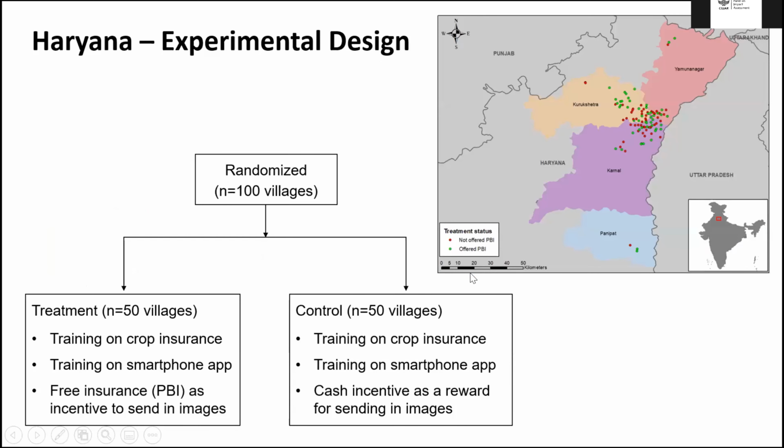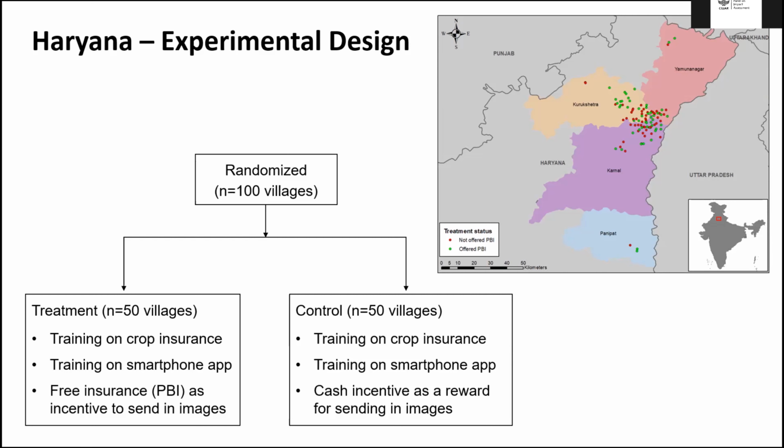So the evaluation is implemented in Haryana state, one of the states where we actually started also with the formative evaluation. And in this evaluation, we included 100 villages and randomly assigned them into two treatment arms. A control arm, so 50 villages are in our control arm, and there we provided training on crop insurance, training on using the smartphone app to send in images for crop monitoring.